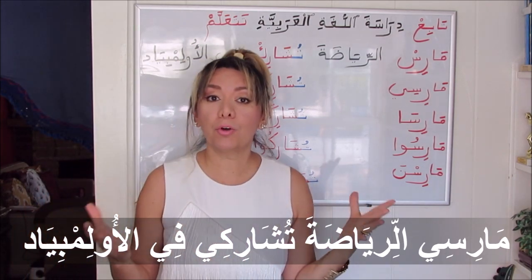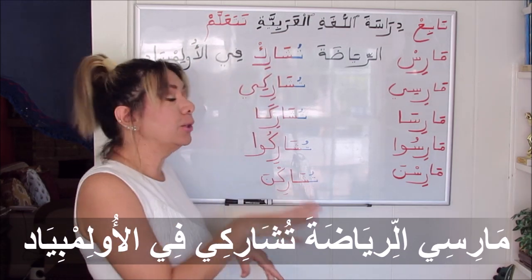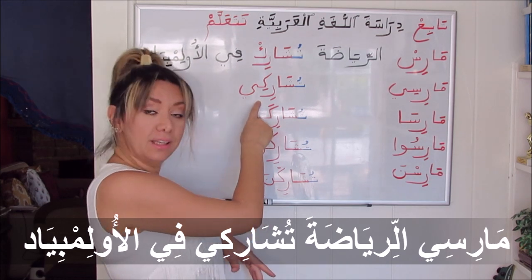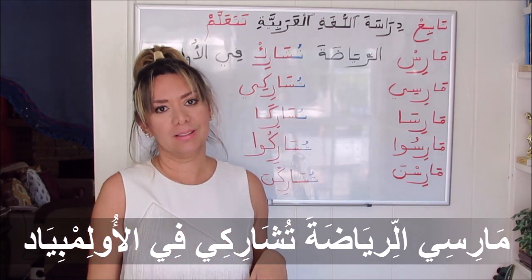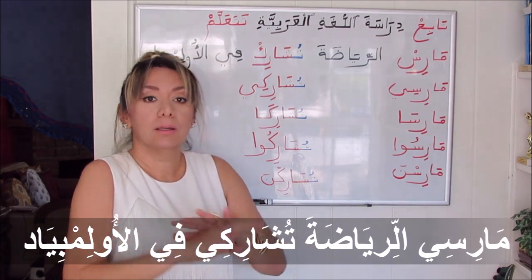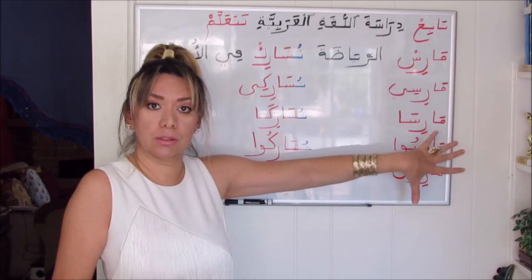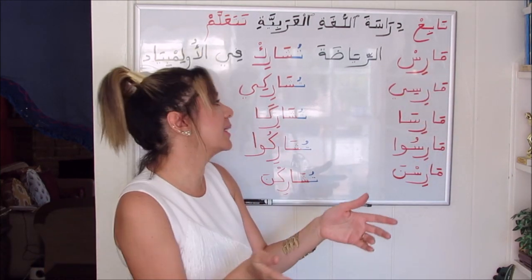You know how we form the imperative of form 3? It looks exactly like the imperfect Jussive with no prefixes. That's the only difference. And we have just 5 conjugations within the imperative since we just address the second person.